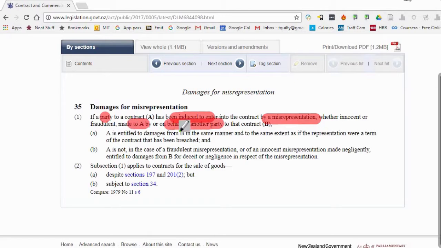So the seller or their real estate agent make the statement, we can still sue, provided we can work through those 2 points, induced by the misrepresentation. Then we're entitled to damages. And that's all we need to say with that section. We get damages, and that's compensation, and we need to calculate it.